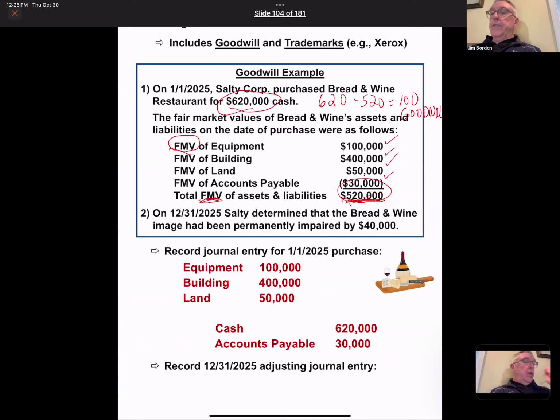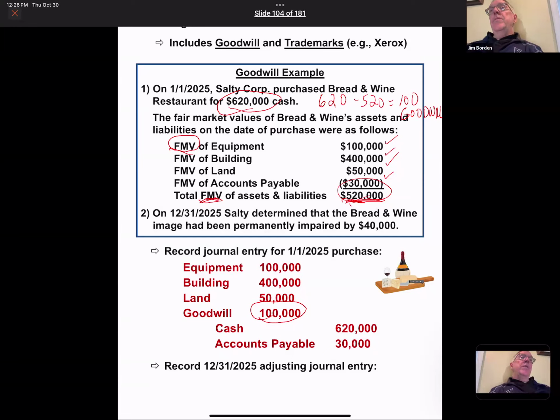We took over some accounts payable, 30,000. So in order to make this journal entry balance, we need a debit of $100,000. That's our goodwill. We already knew that was going to be 100,000. So again, to calculate the amount of goodwill, it's equal to the price paid minus the net fair market value of what we've acquired.